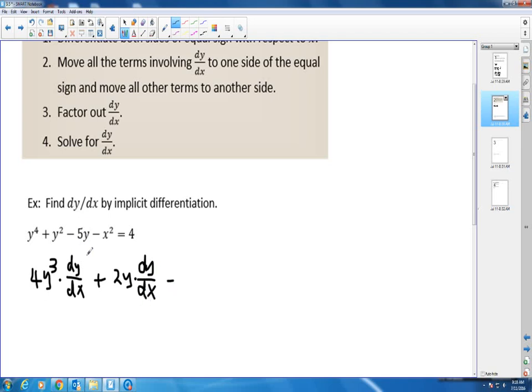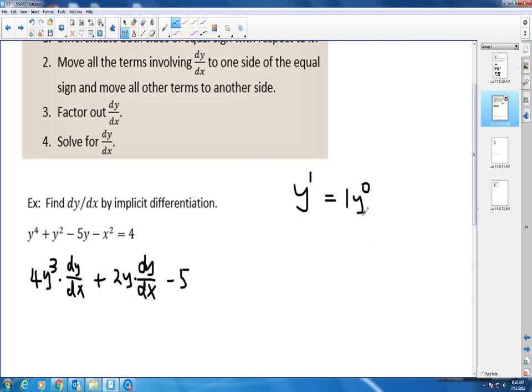minus 5. So this is y to the first, the derivative of the outside is 1 of the inside, just like earlier, and the exponent goes down by 1, so that becomes 0.